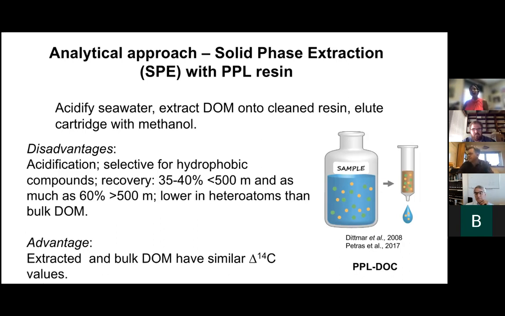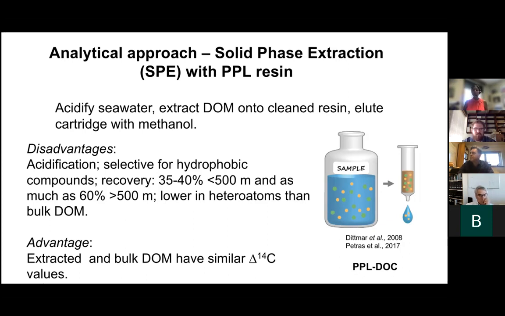But at depth, we can get higher extraction efficiencies, about 60%, though others have gotten even greater efficiencies in the deep ocean. It's compositionally different from the bulk, which is to be expected given that it is a chemically specific extraction method.